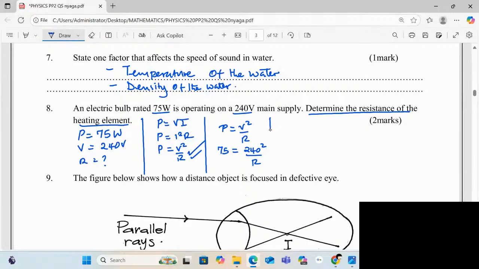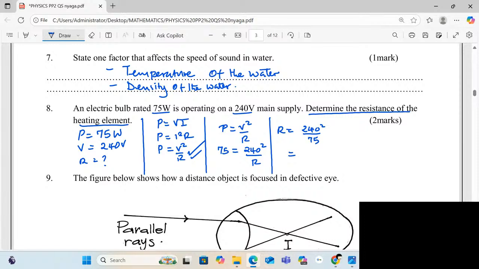So making R the subject of the formula, it will be 240 squared divided by 75. And then this one from computation, since I had not worked it out on my paper, allow me to compute it right away now.